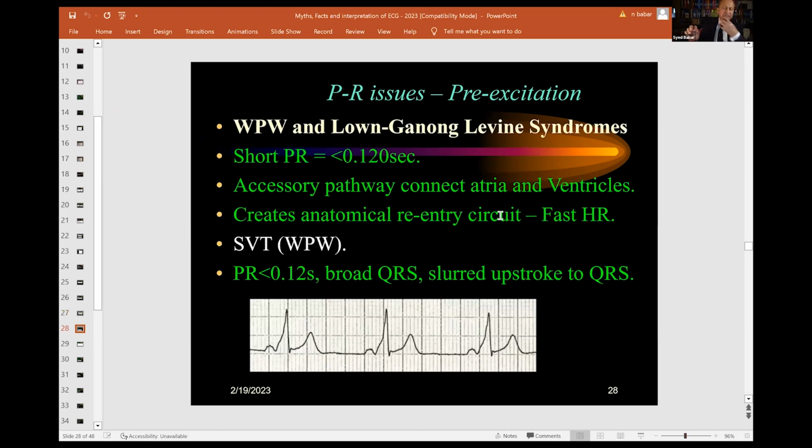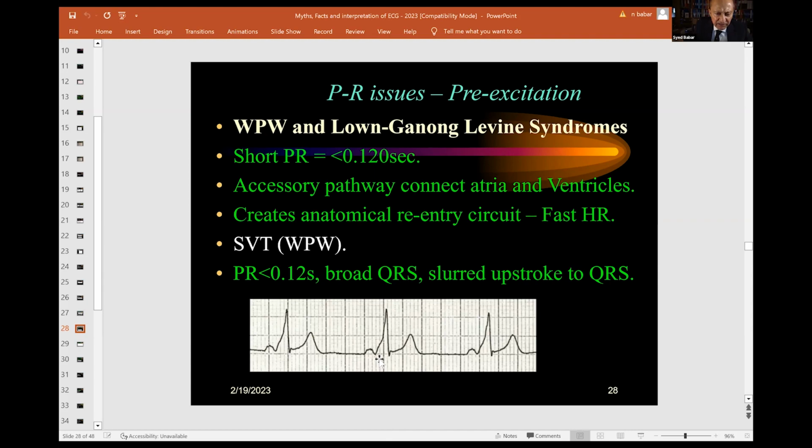There are two other conditions: WPW syndrome, Wolff-Parkinson-White, and the Lown-Ganong-Levine syndrome. So it has a short PR, as you can see.